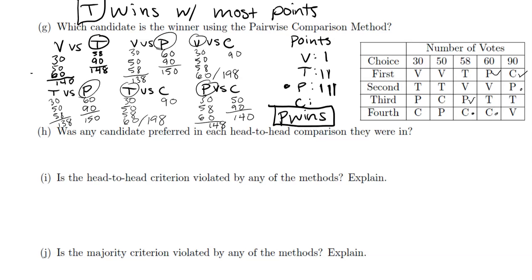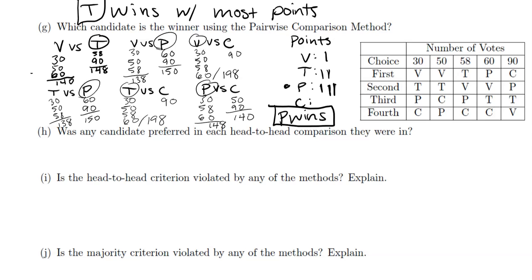So now what we get to take a look at is the last couple questions that are asking us about our fairness criteria. The one says, was any candidate preferred in each head-to-head comparison that they were in? So looking at this part above, did anyone win all of their head-to-heads?